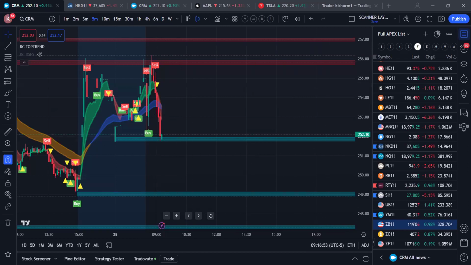So close the last position. We made around $120 with one contract. But overall, because the trend is bearish, we don't generally go with the calls. For CRM, the overall ticker is bearish.